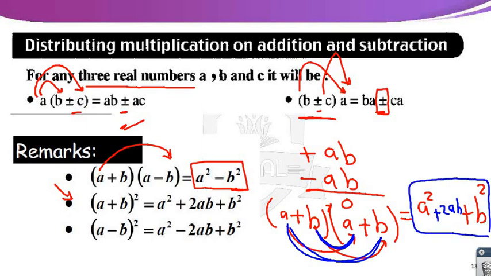The last one is like this, but the sign of minus is different. We have (a minus b) to the power of 2, which will be a to the power of 2, minus b multiply minus b, which is positive b to the power of 2, and the middle will be minus 2ab.